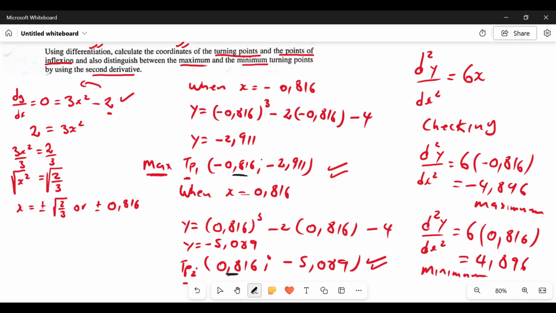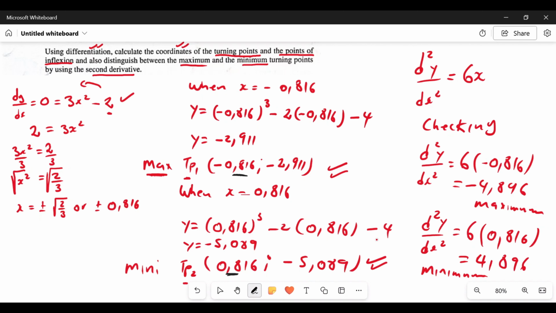So next to it, again, you can write minimum. So this is how you distinguish between the maximum and the minimum. Just make sure that you derive the second time and you also substitute the x values on your second derivative wherever there is x.